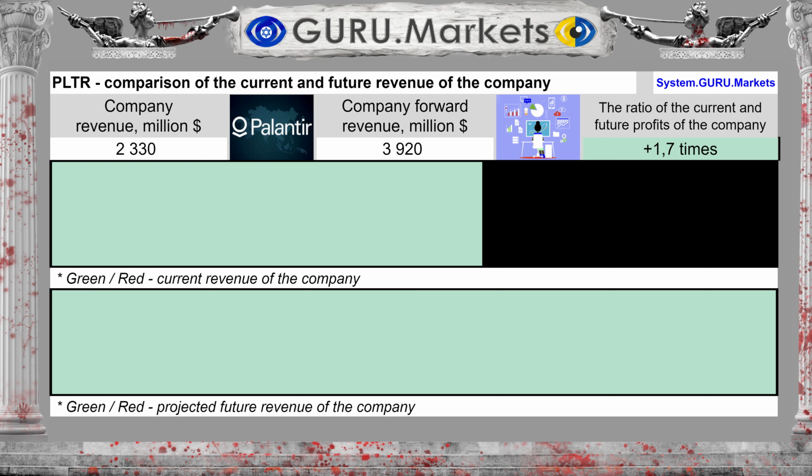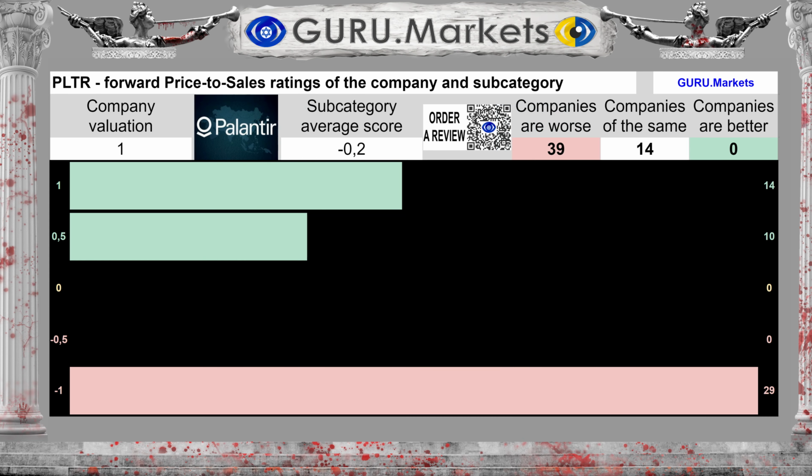Forward revenue for the coming 12 months is expected to be $3,920 million, which is 68% more than now. Estimation of expected future sales compared to subcategory performance: good, 1 point.